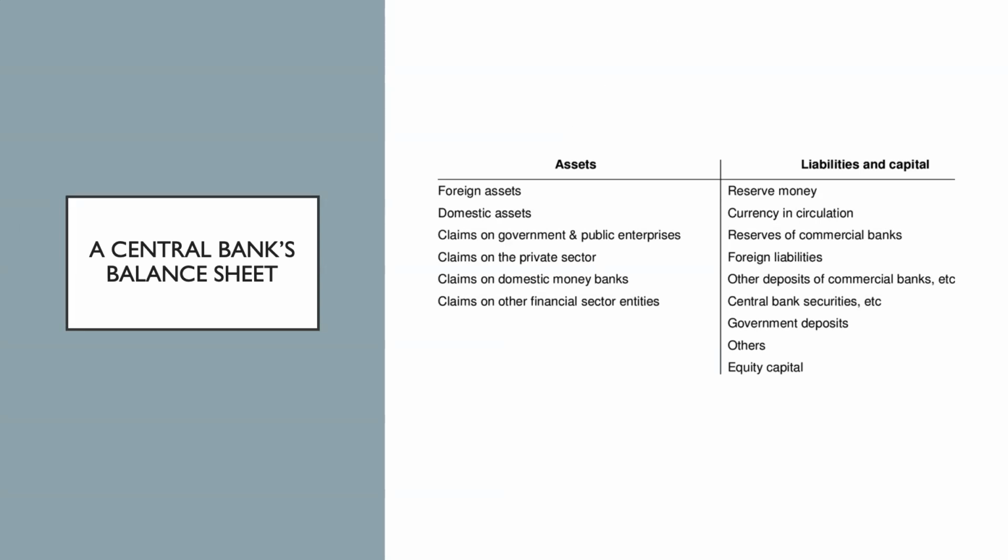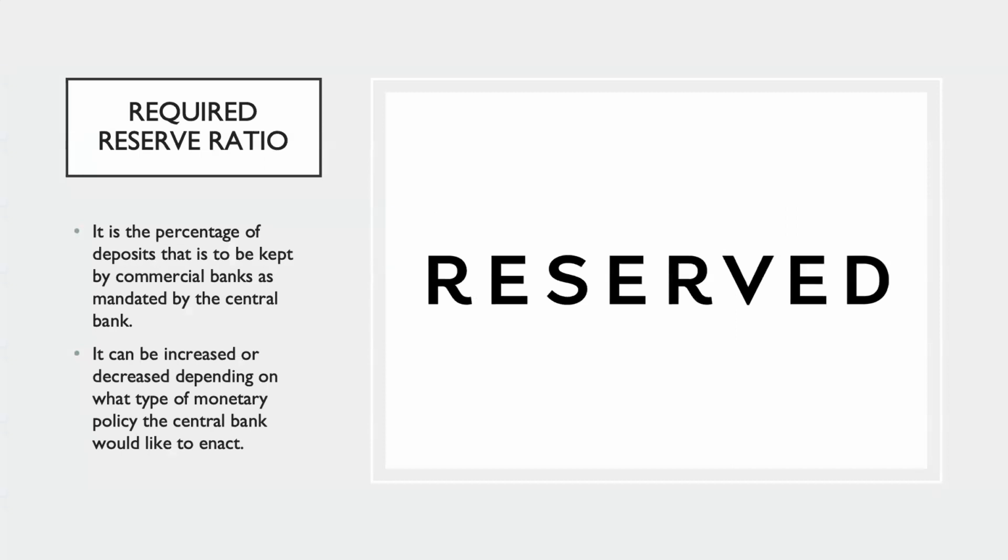One of the ways in which they control the rates in the economy is through the required reserve ratio. So what's the required reserve ratio? The required reserve ratio is the percentage of deposit that is to be kept by commercial banks as mandated by the central bank.